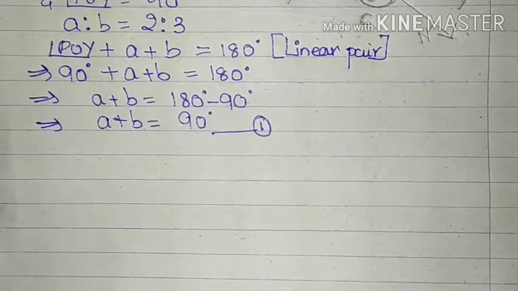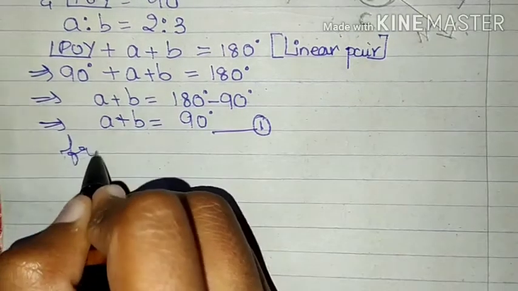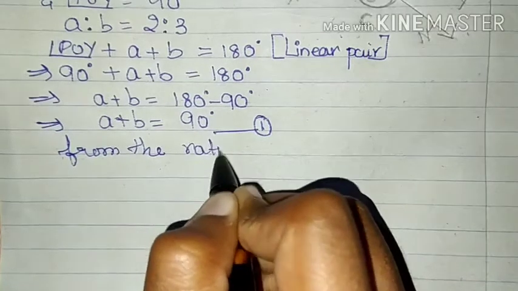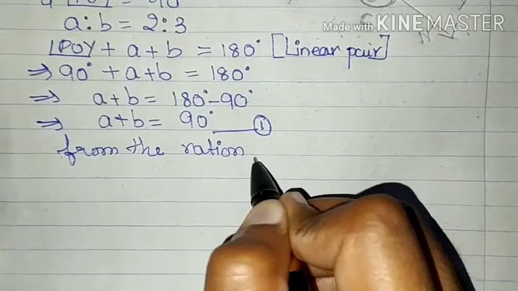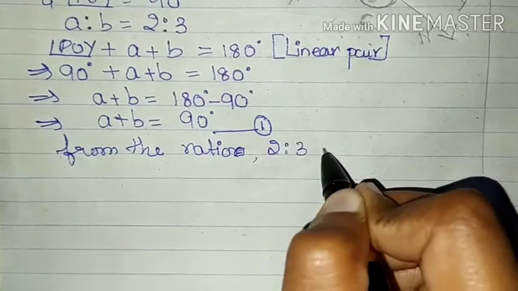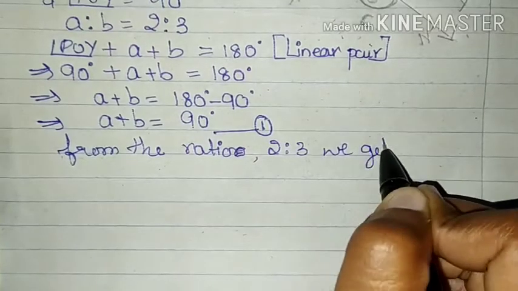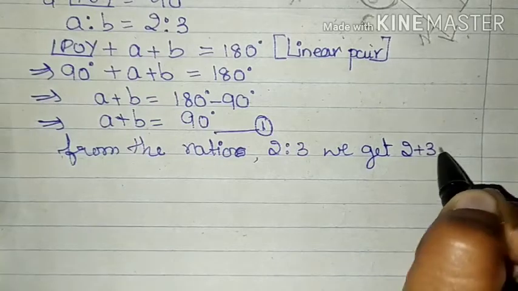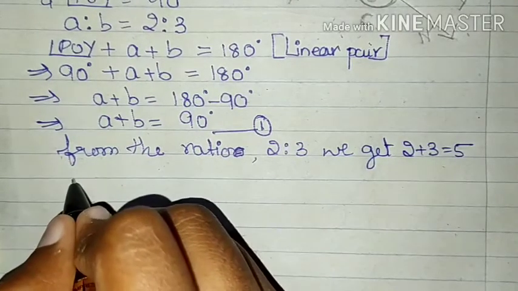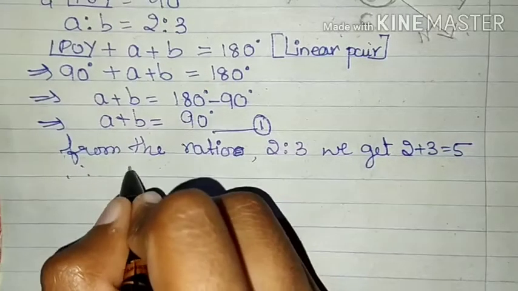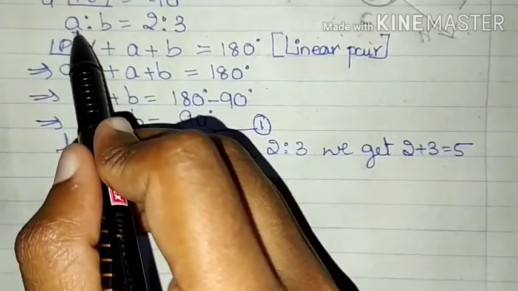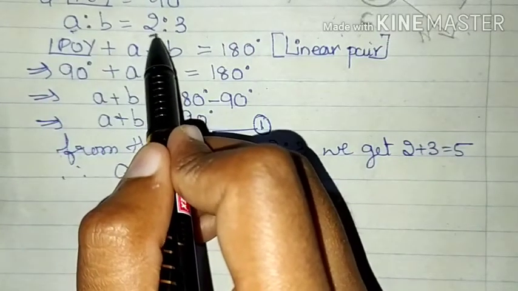Now let's make use of the ratio. From the ratio 2:3, we get 2 plus 3 is equal to 5. So now let's convert the ratio into fractions. Therefore, A is equal to, what is the corresponding number in the ratio to A?